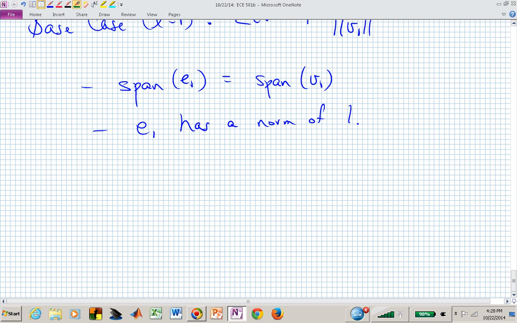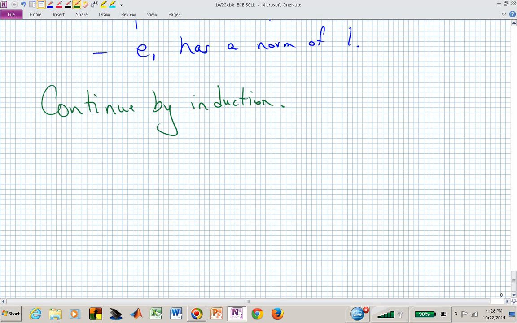So now let's continue by induction. That means we need to assume that this is true for a particular value, let's say j. So assume now that j is bigger than 1, and e1, e2, up to e sub j minus 1 has been found.